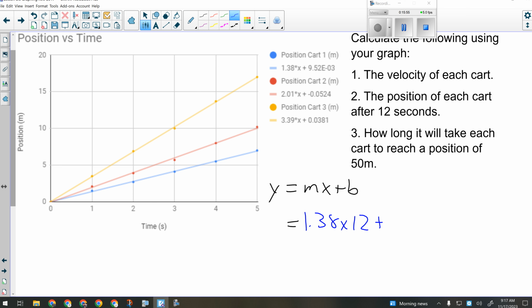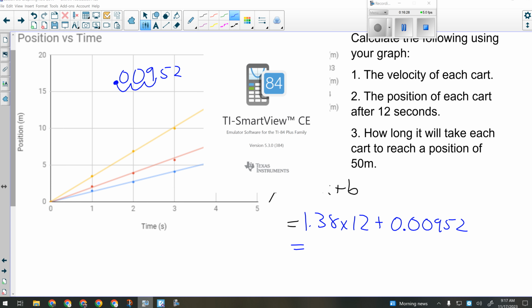Now, just as a quick review, if I have 9.52 times 10 to the power of minus 3, that means move the decimal 3 spots. Now the decimal is here, 0.00952, okay, is the number for b for that one. Okay, so for the blue cart, I really should have had that calculator fired up earlier.